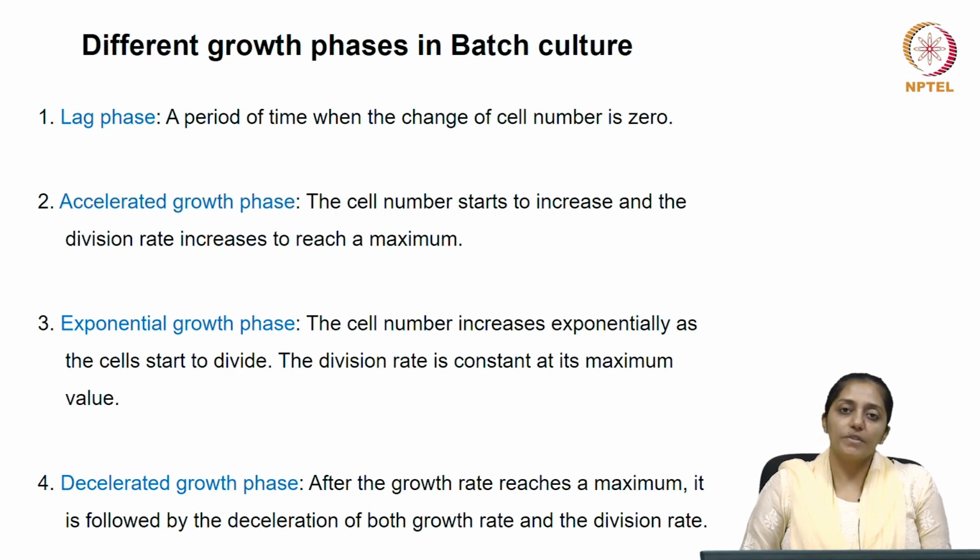After this, as the substrate starts getting depleted, we reach the deceleration phase. Decelerated growth phase means that after the growth rate has reached its maximum in the exponential growth phase, both the division rate and the growth rate start coming down.